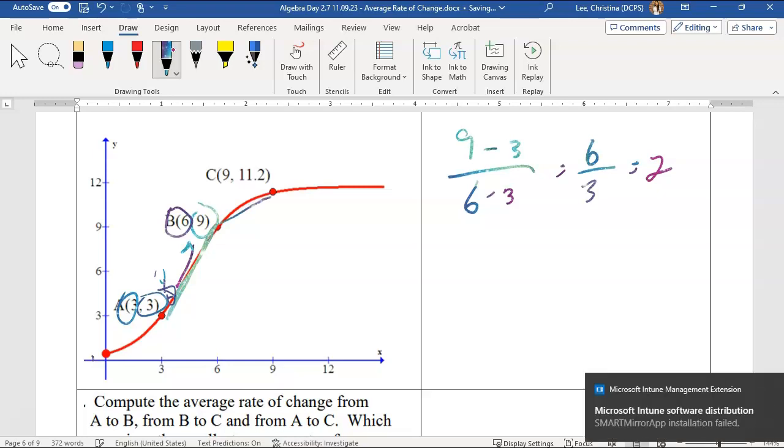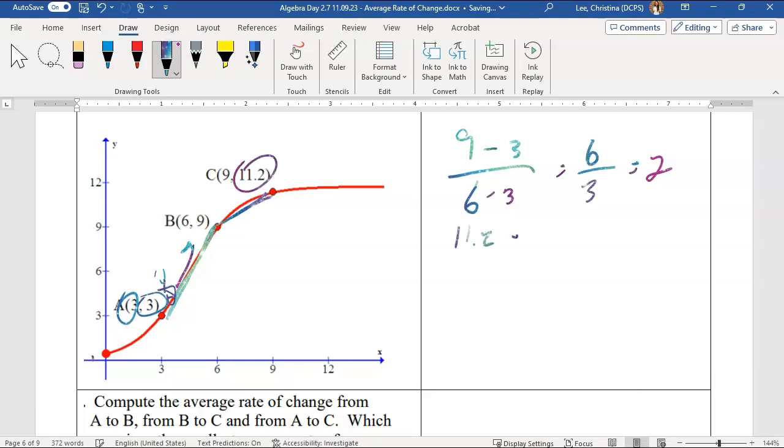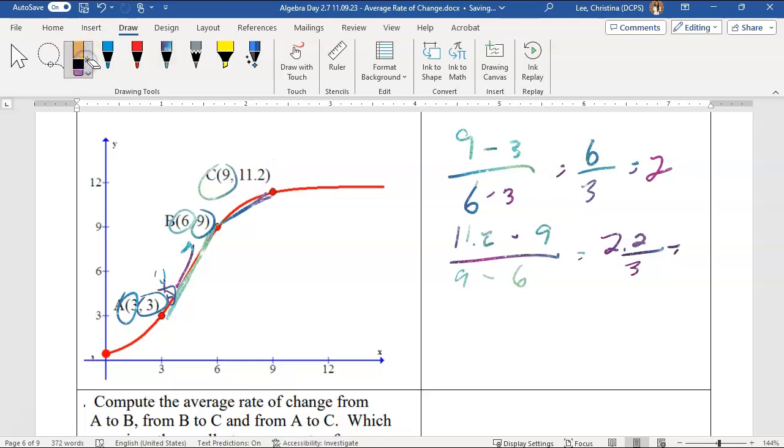Then we're looking at from B to C. All right, and so in this case, I'm going to start with 11.2 minus this output, which is 9, and then this input, 9, minus this input, which is 6. You'll get 2.2 over 3. You can further calculate that if you'd like. And then our last one is comparing the very beginning, this point, with this point.